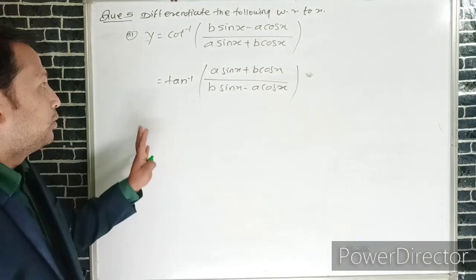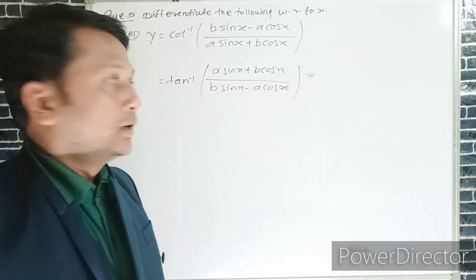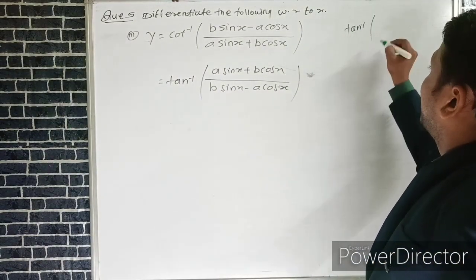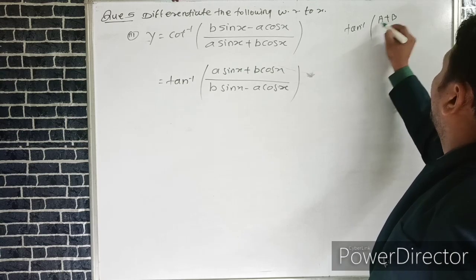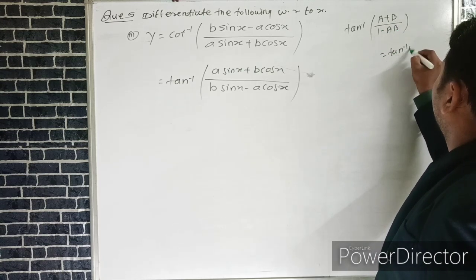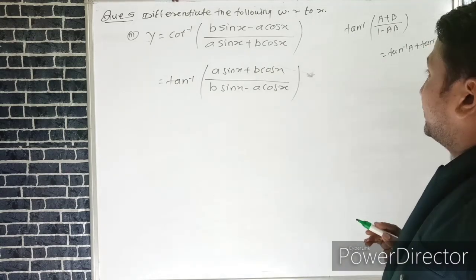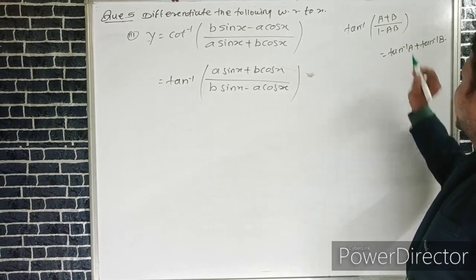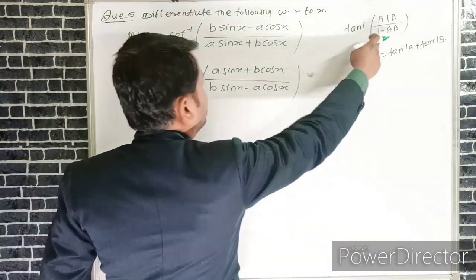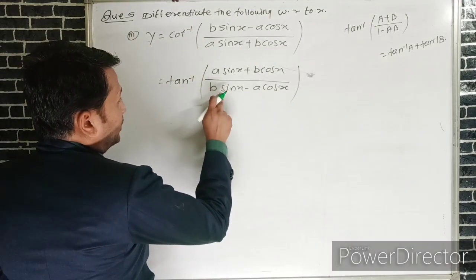Now we have to apply here the rule of inverse functions, which is tan inverse of (a plus b) upon (1 minus a into b) equals tan inverse a separately plus tan inverse b separately. Hence we require this function in the form of such terms. Here this term must be 1.